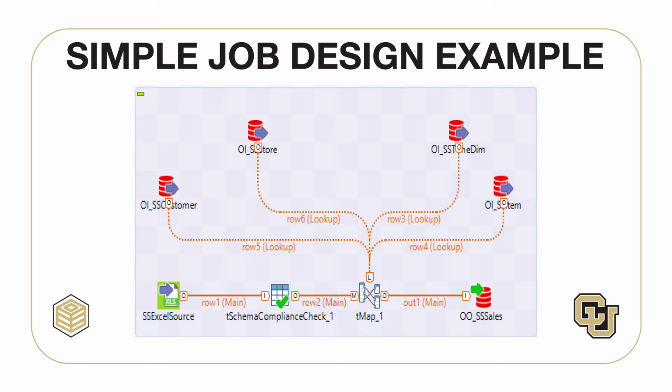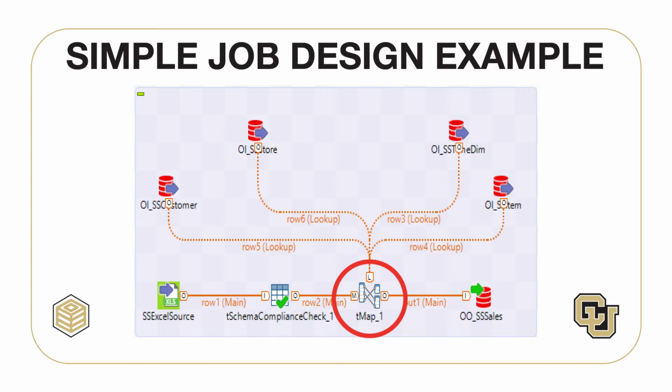The Excel file input is processed by the tSchemaComplianceCheck component, a data quality component. Null value and data type checks are performed in the tSchemaComplianceCheck component. The output of the tSchemaComplianceCheck component is further processed by the tMap component.